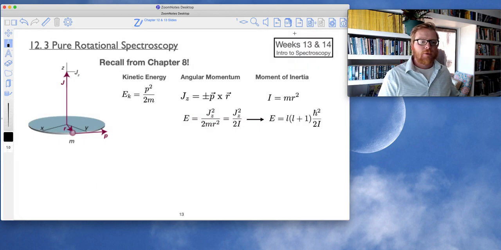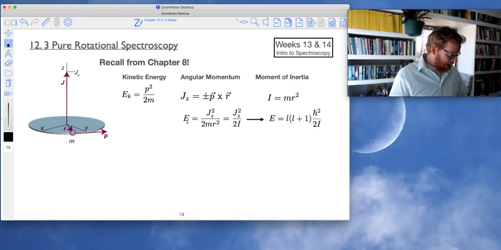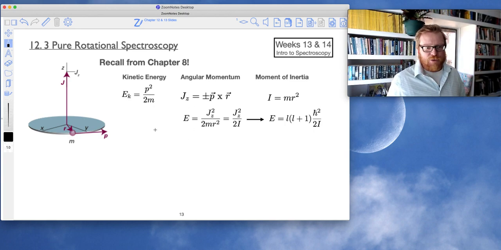Okay, so moving on. Hopefully we recall this from chapter 8, a nice classic review. I'm just going to remind you of the few things that we came up with for our particle on a ring model. We use this to describe an electron rotating around a proton, and that model worked really well.